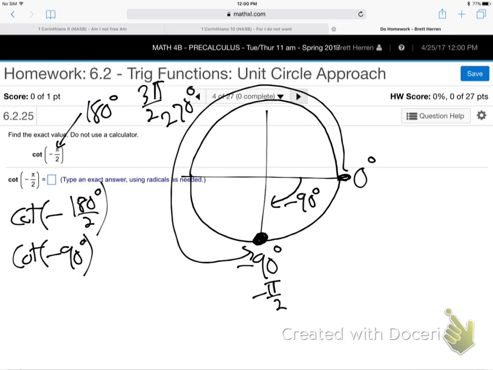This is the ending spot, said many different ways: negative 90, negative pi over 2, or positive 270, or positive 3 pi over 2 radians. It all ends up right there, huh? So really, all those angles are going to end up with the same spot, so all those angles are going to have the same 6 trig functions: sine, cosine, tangent, secant, cosecant, cotan. Does that make sense? It's all about the dot you end on.